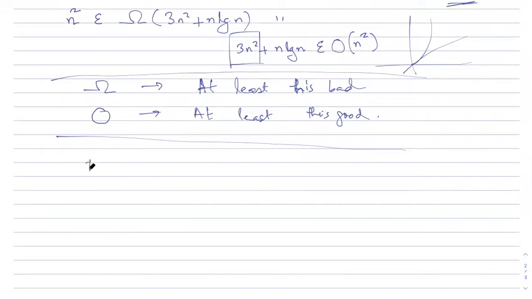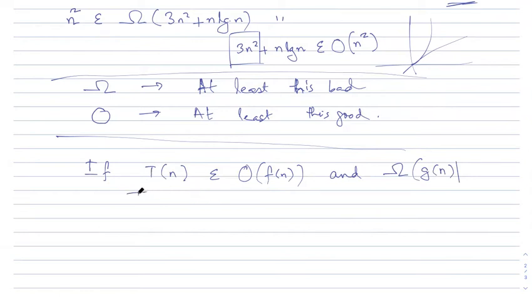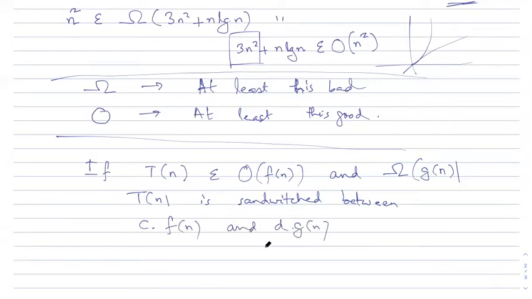Now, if T of n is within the big O of f of n and sigma of g of n, then clearly T of n is sandwiched between c times f of n and d times g of n.